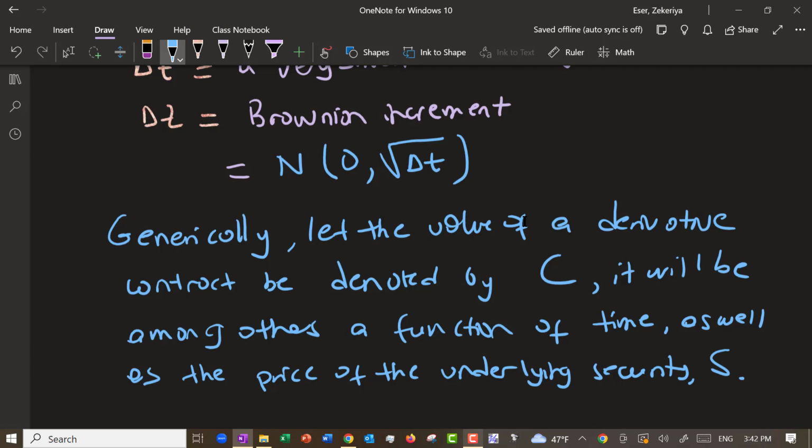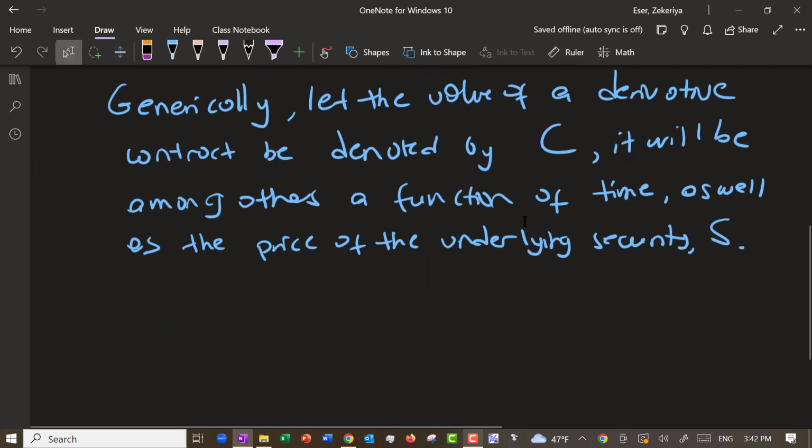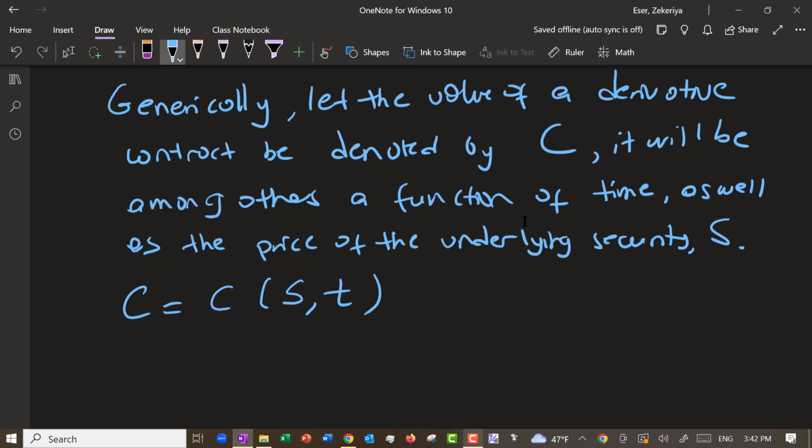But that dependence is nonlinear. So C is going to be a function of S and t. Okay.